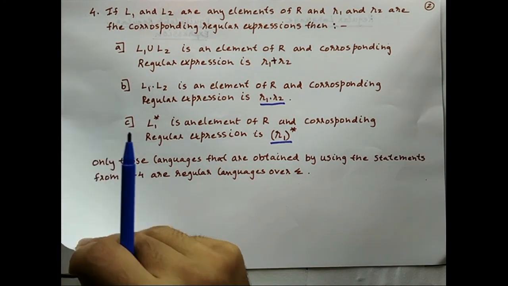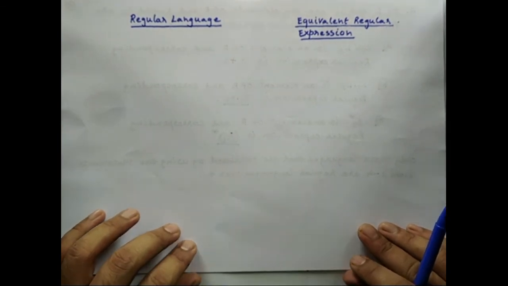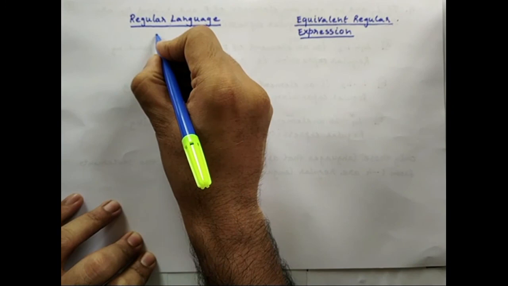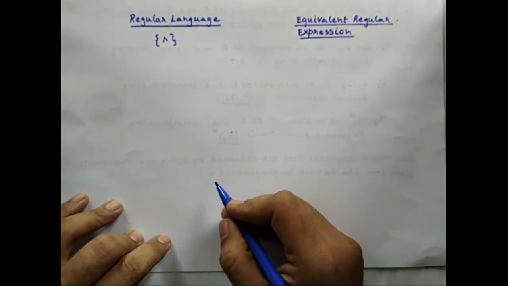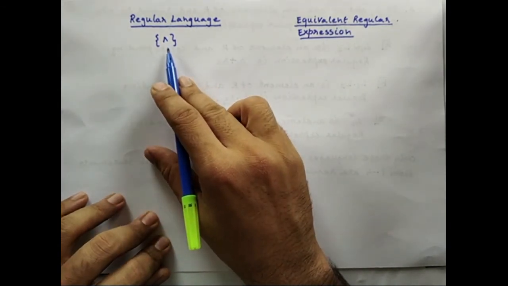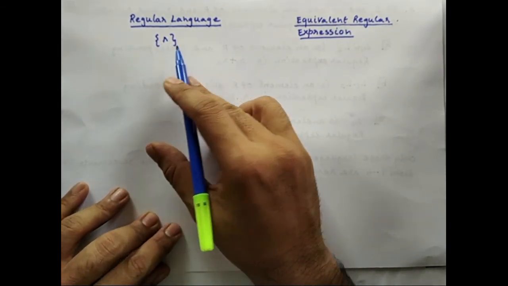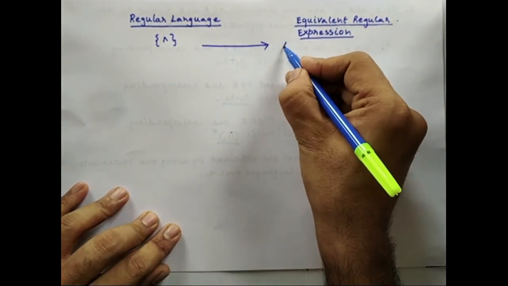Next, we are going to see some examples of regular languages and their equivalent regular expressions. Let us consider the basic language first. Suppose this is a basic language which contains only one valid string, the null string. If this is a regular language, then the corresponding regular expression will be just null.